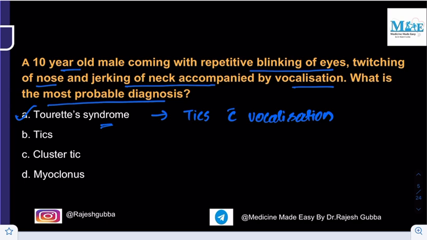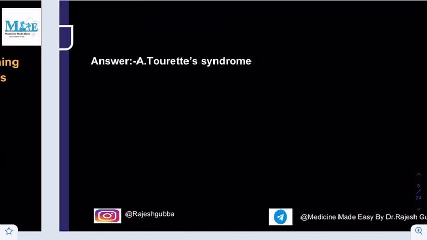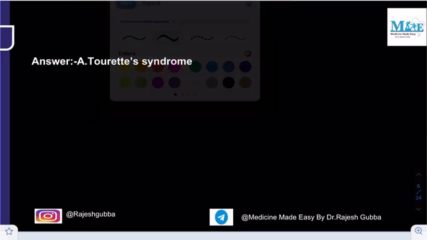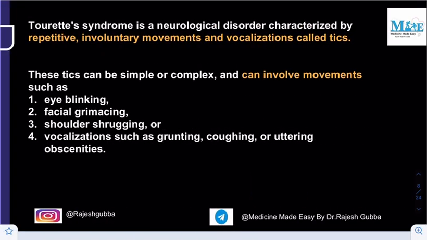And how do you treat this? Most of it will be self-limiting, but if they are severe, then we need to give haloperidol. Now let me give you a detailed explanation of Tourette syndrome. It is a neurological disorder characterized by repetitive involuntary movements and vocalizations called tics.